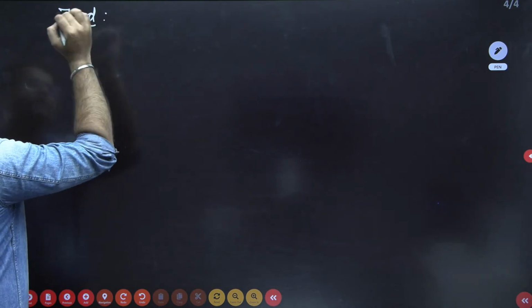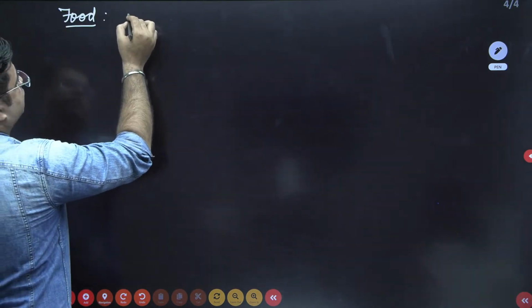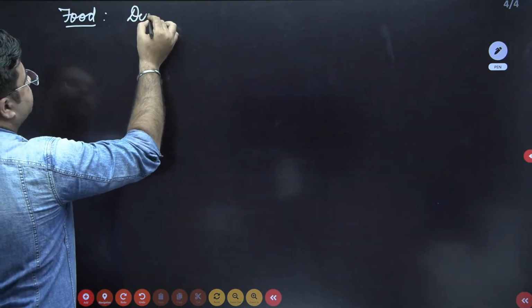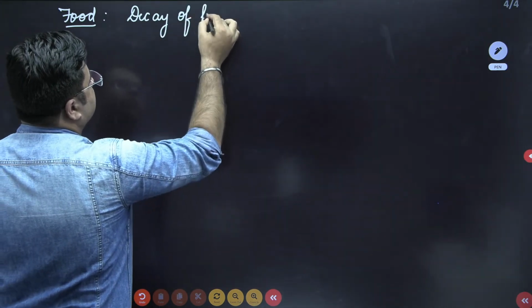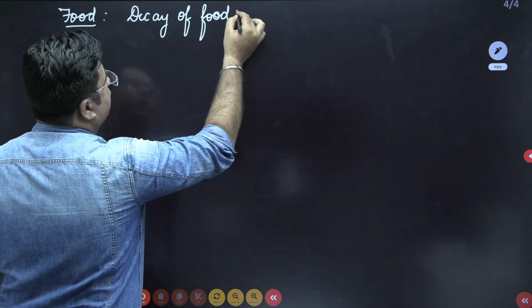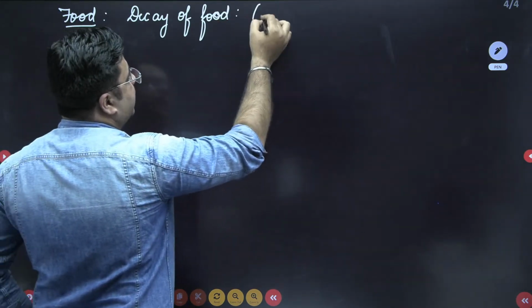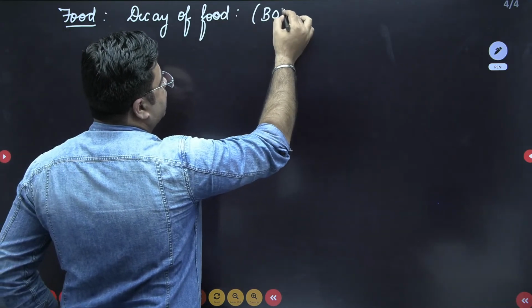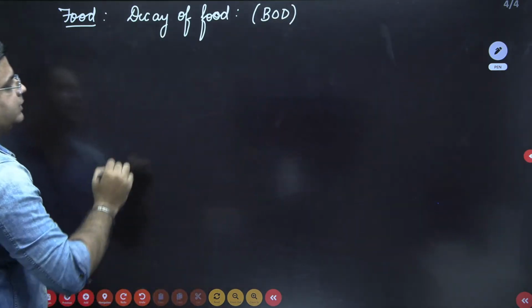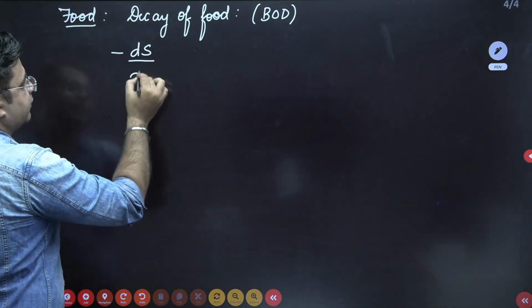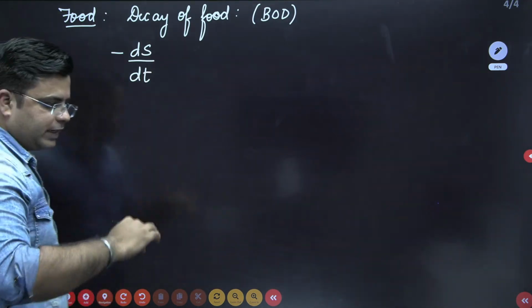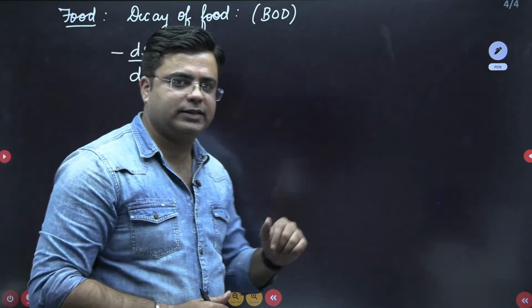How the kinetics of food will go: the decay of food is represented by the decrease in BOD. So the decay of food is minus dS by dt. Since food is decreasing, that's why the minus sign is there.